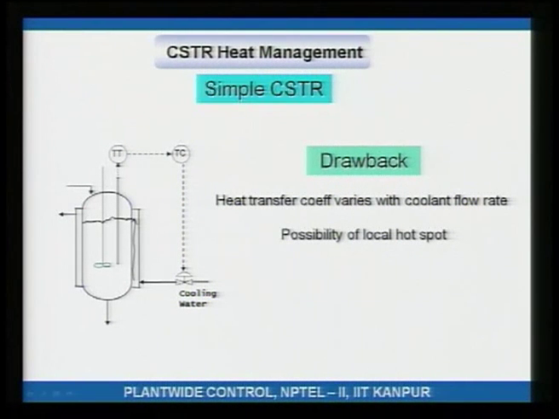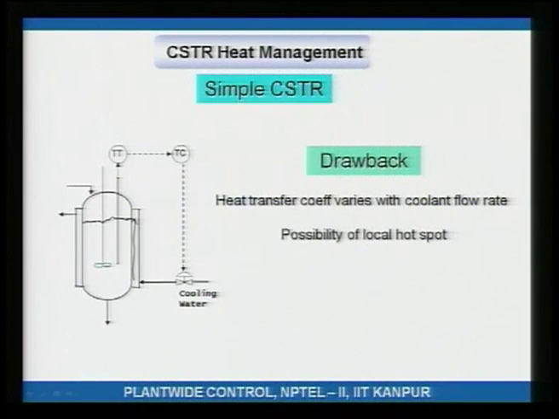On the other hand, at high flow rates the heat transfer coefficient would be high. Okay. So, in this heat removal configuration, heat transfer coefficient varies with coolant flow rate, and there is the possibility of a local hot spot because there is a temperature gradient in the jacket itself.